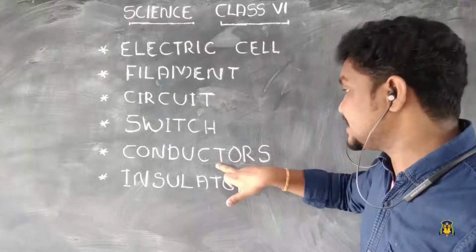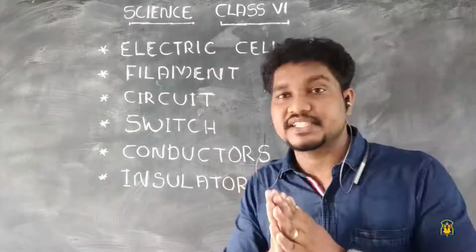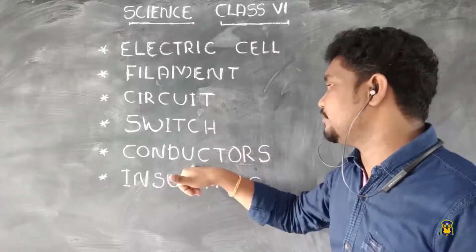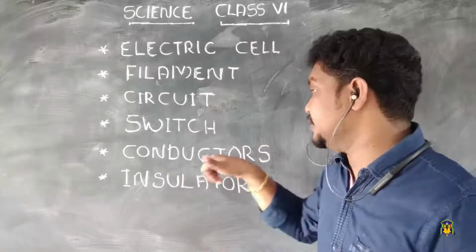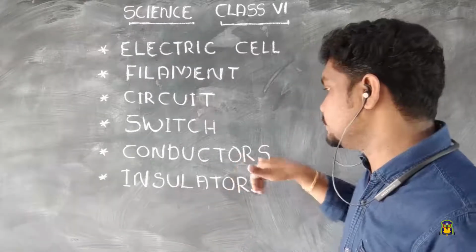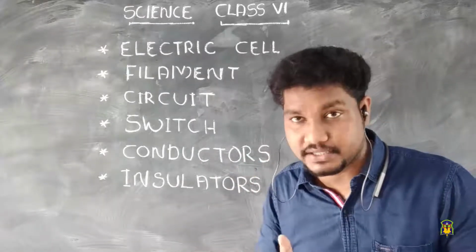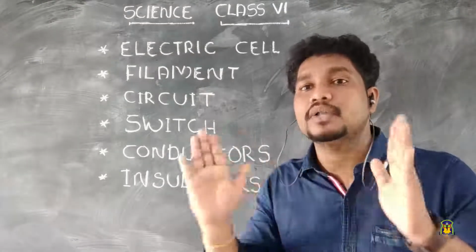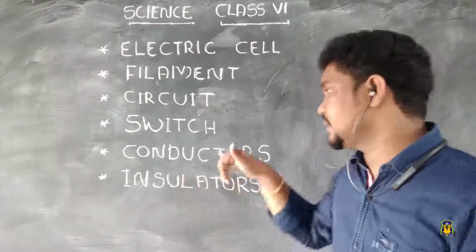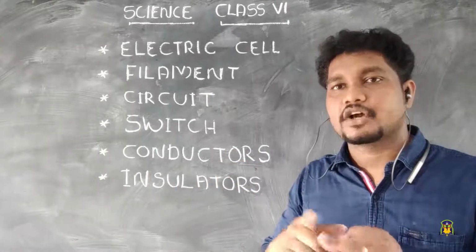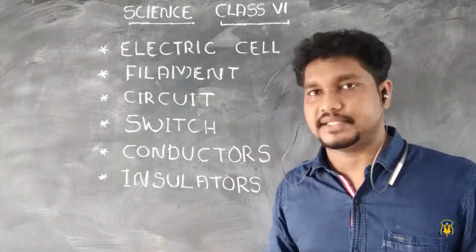Conductors are the objects which allow the passage of electricity through them. All metals are examples of conductors. Gold, silver, copper are all examples.